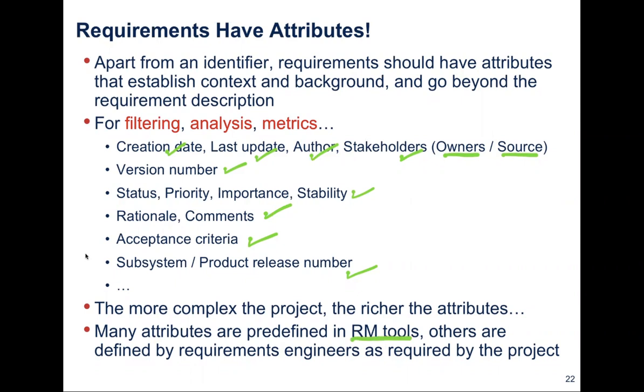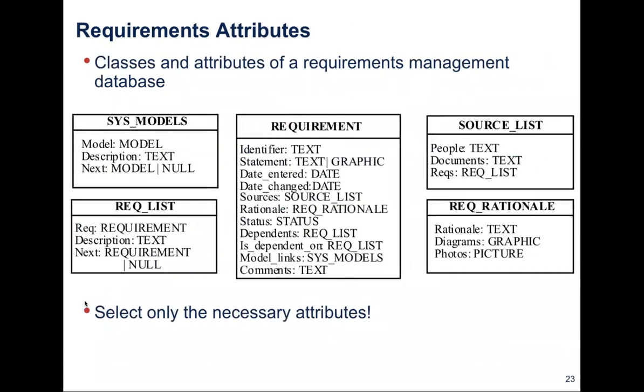Others are defined by the requirement engineer as required by the project. Requirement attributes can easily be monitored in different databases by defining classes. Within the classes, we define attributes for each class.